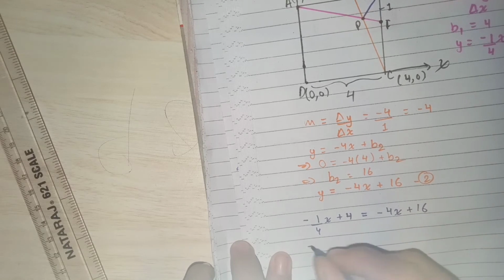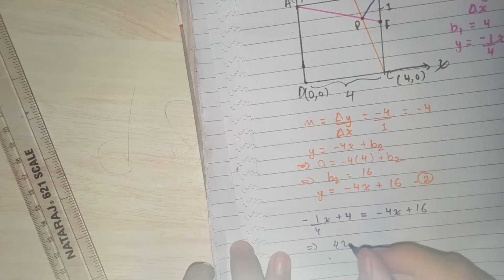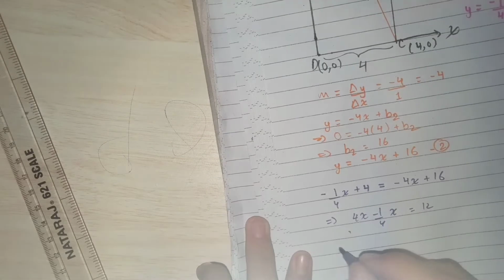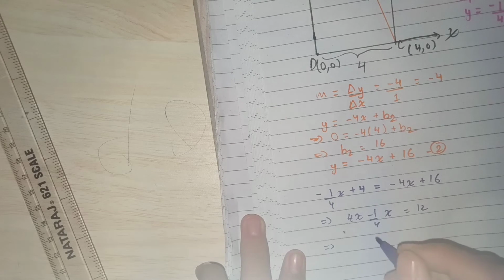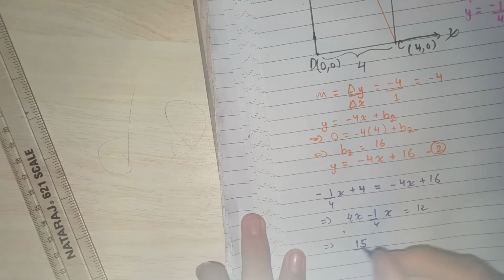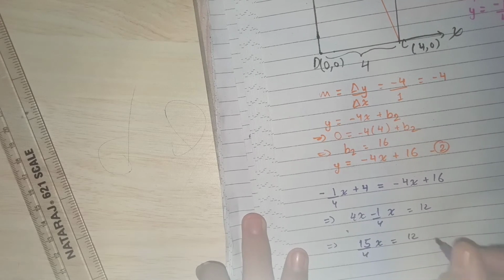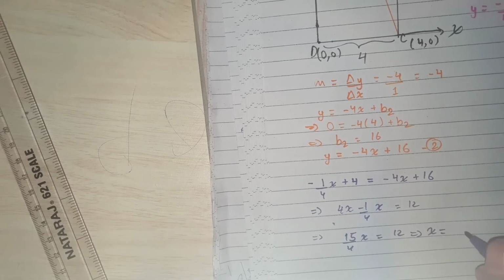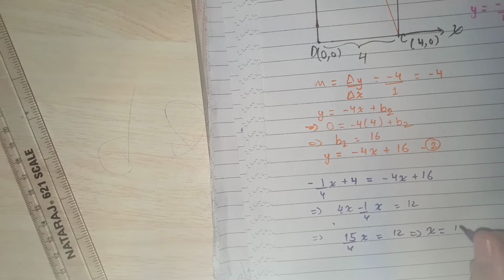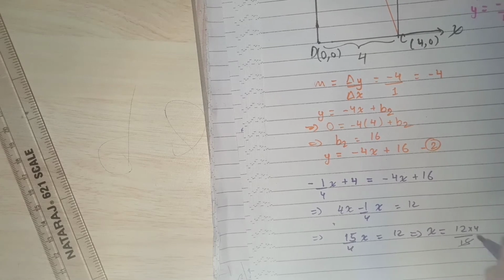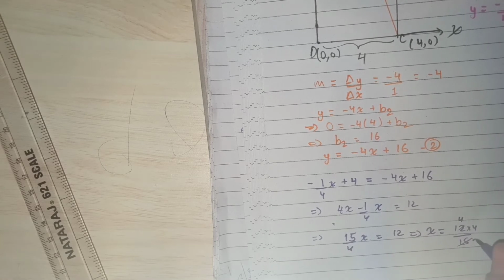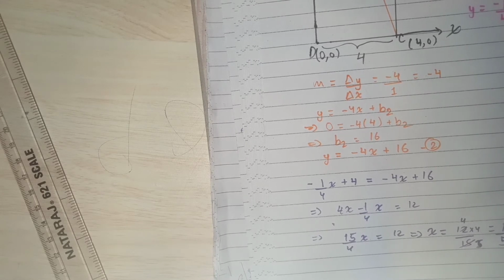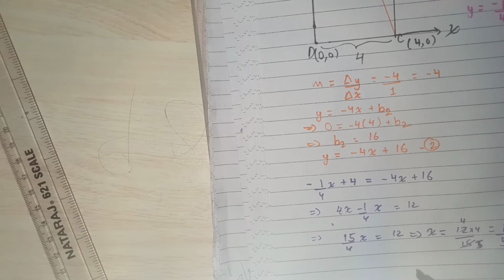So 4x minus 1/4 of x is going to be 12. This implies that 15 over 4 x is equal to 12, which implies that x is 12 times 4 over 15. Simplifying, we get 16 over 5. So that's the x coordinate of point P.